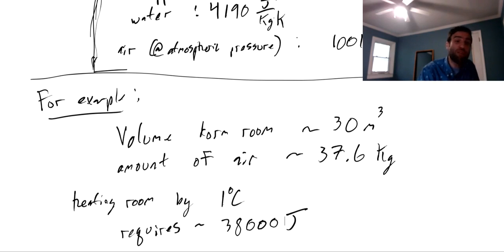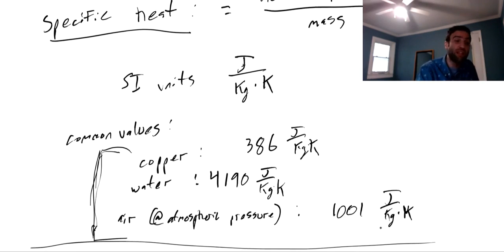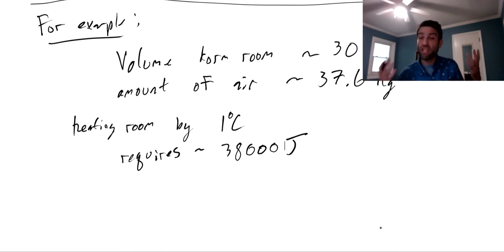I have a certain mass of air, I want to change its temperature by 1 degree, and this specific heat tells me how many joules per kilogram per degree I need to add in order to change that temperature, okay?